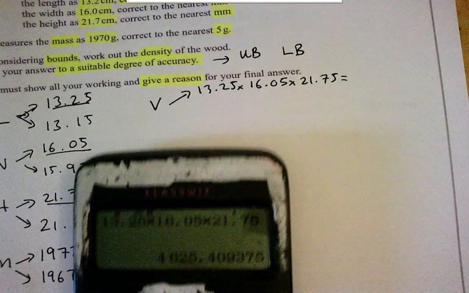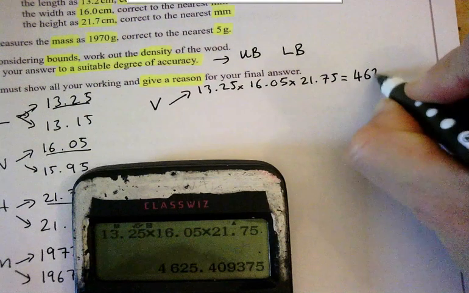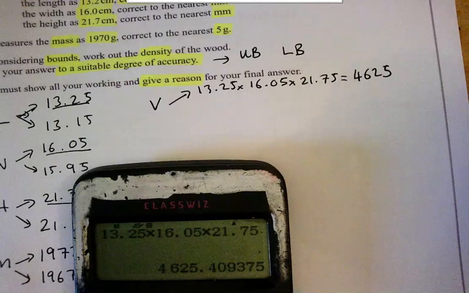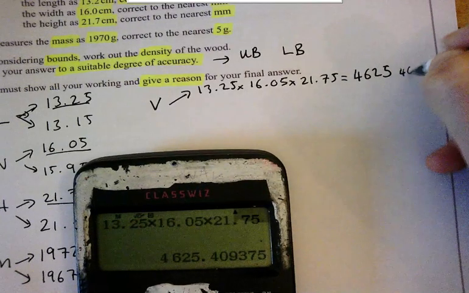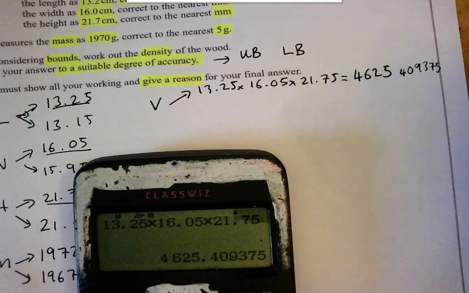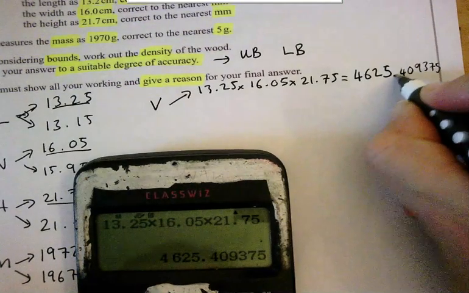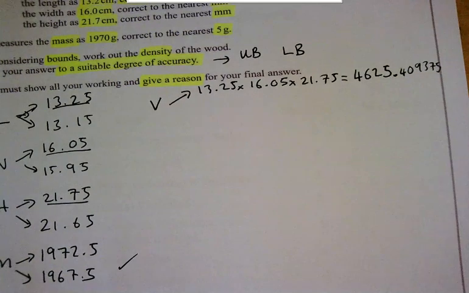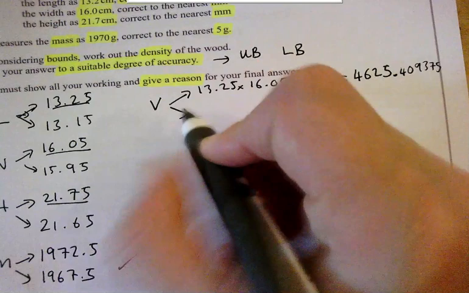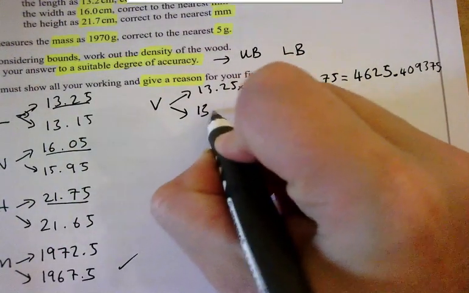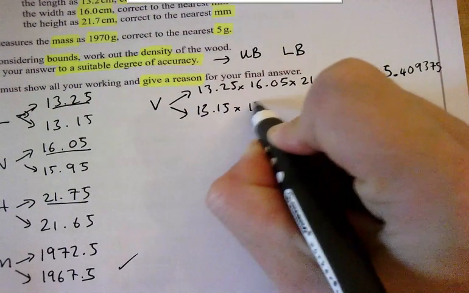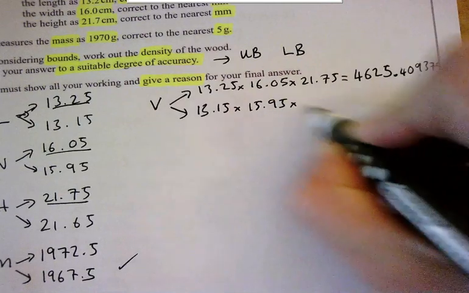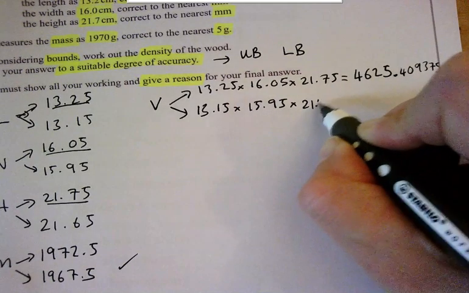Which is 4,625.409375. And the lower bound is going to be all the lower bounds times together, so 13.15 times 15.95 times 21.65.